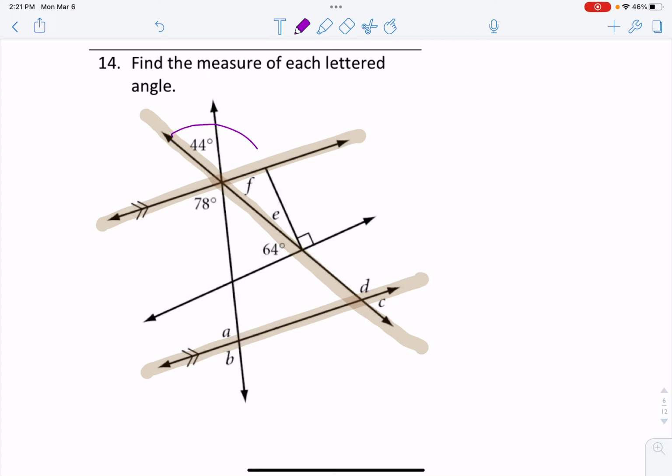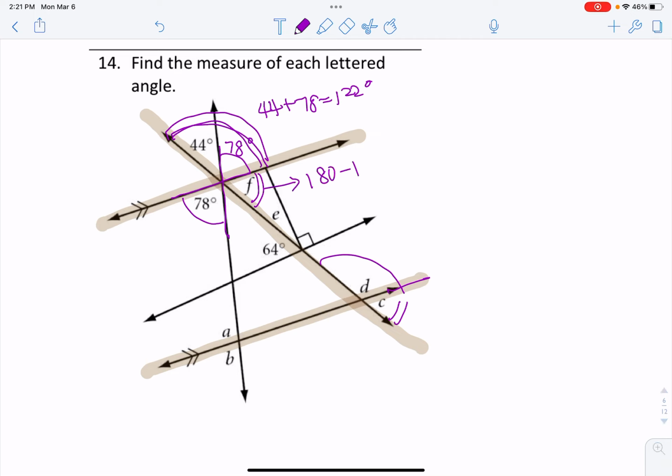When you see, this angle is a corresponding angle to this angle, and that angle is a corresponding angle to that angle, but we don't know what D is and we don't know what this one is. But since this angle is 78 degrees, and it's a vertical angle here, the same, this angle is also 78 degrees. So the whole thing here will be 44 degrees plus 78, so you can conclude it will be 122 degrees. And then because of 122, angle F will be 180 minus 122 degrees, so you get 58 degrees.